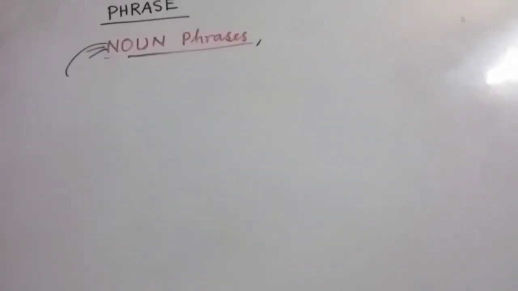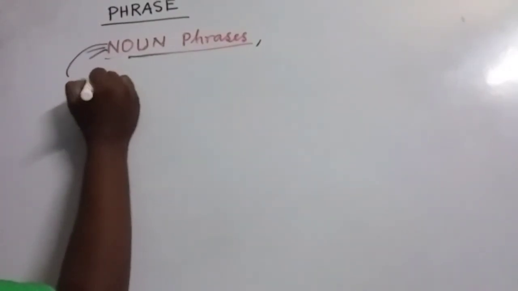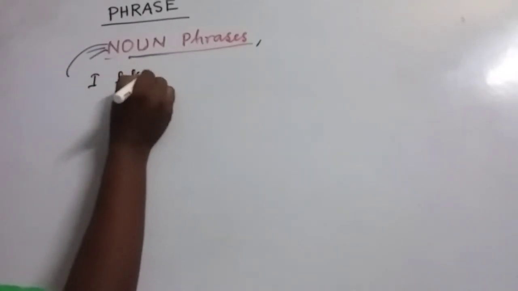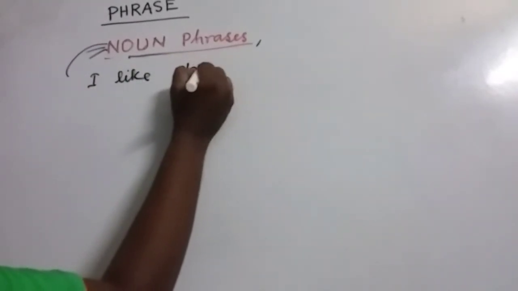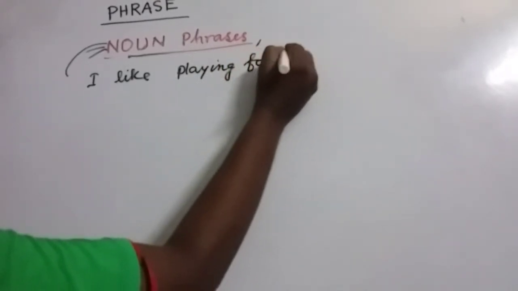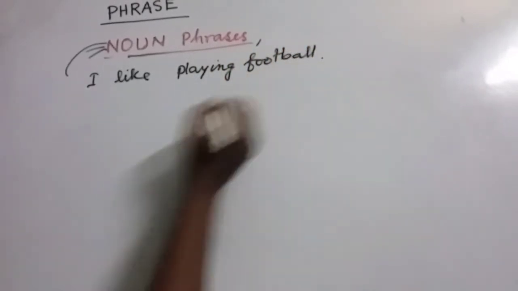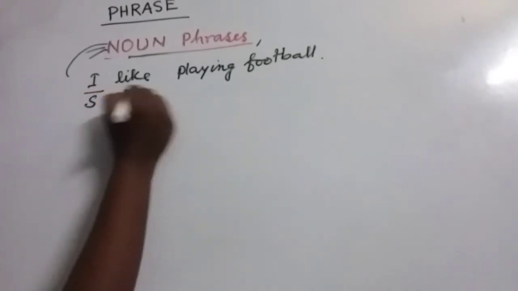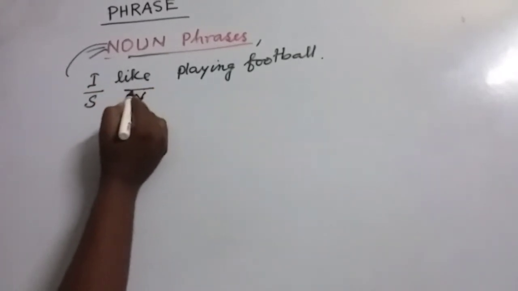My dear friends, by using a gerund, we can make a noun phrase. Just look at this example. I like playing football. Playing football. Here, my dear friends, this is the subject, this is the verb, and what do I like?